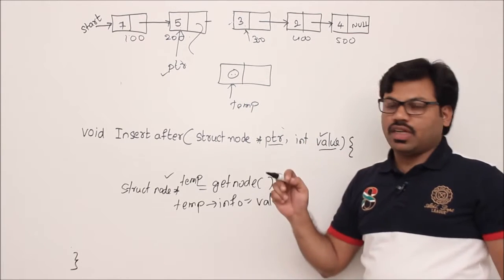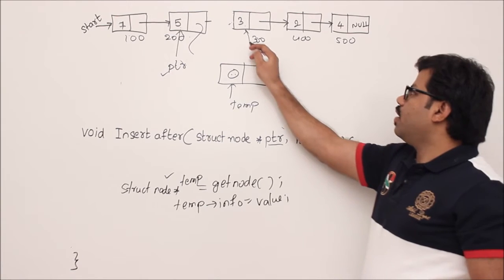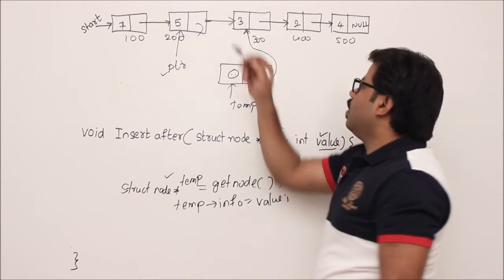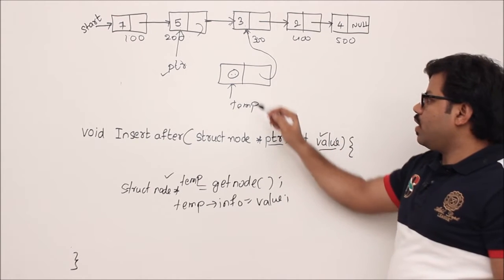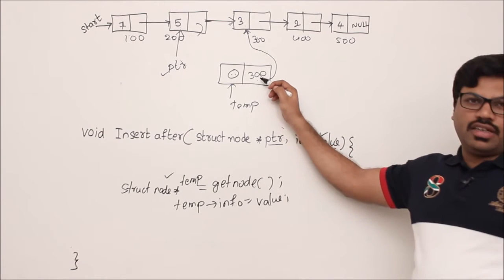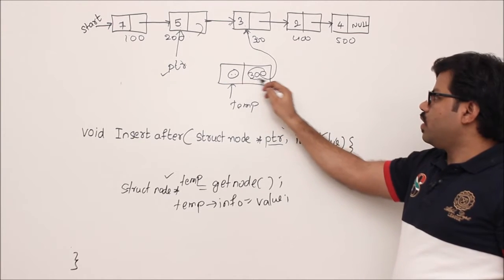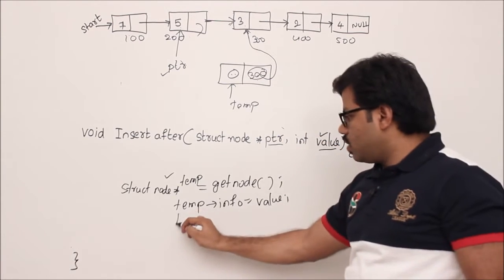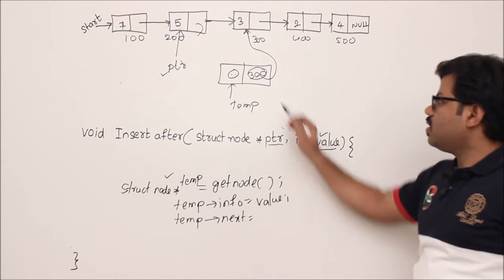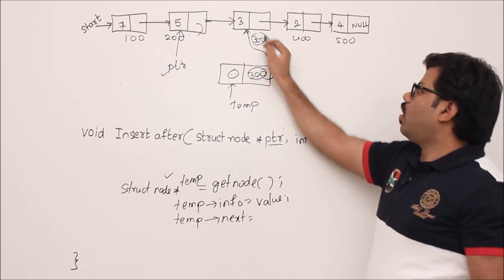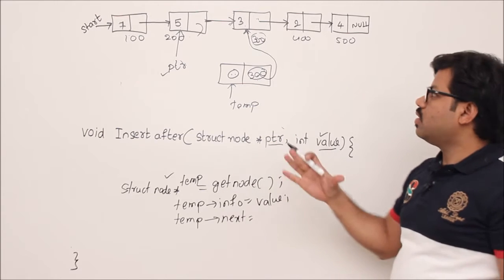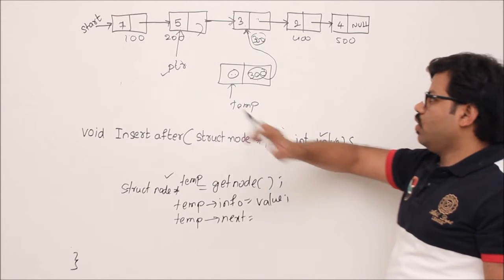Then the two remaining steps are linking. Before, there was a link from here to here, so pictorially we have to write 300 here. How to write 300 here? To access this position, that is temp->next. So temp->next equal to 300. But what is 300? 300 is this box's address. How would you know that it is 300? Through variables I can get it.